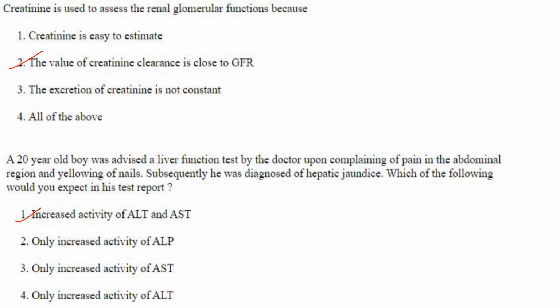Now what are ALT and AST? ALT is alanine transaminase, an enzyme primarily found in the liver, and AST is aspartate transaminase, found both in the liver and the muscles.